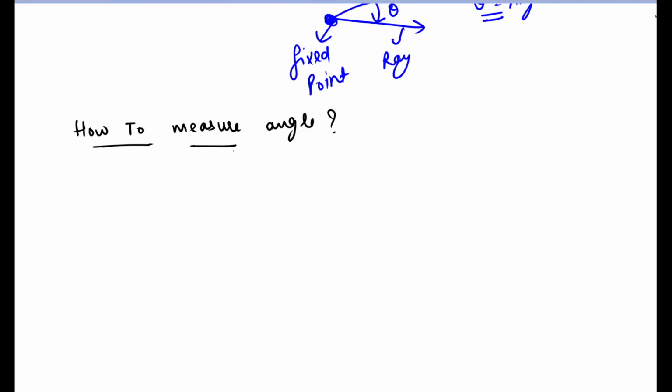There are three parameters: initial side, terminal side, and the vertex.